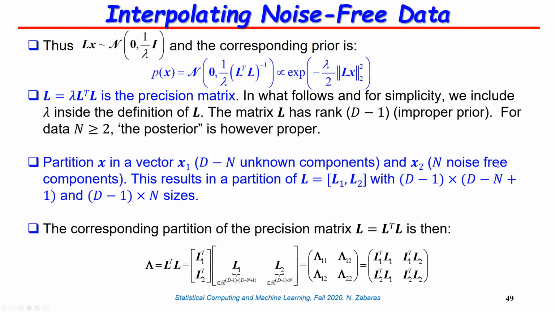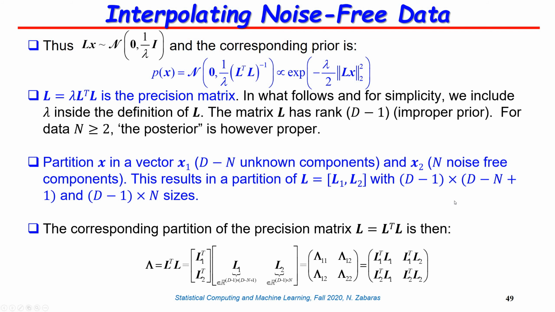Can you actually see now how I am going to compute the unknown quantities? I have a Gaussian, P of x. I partition x into x1 and x2, and I know x2. So what I need to find is the probability of x1 given x2. Do we know how to do this? Yes, of course.